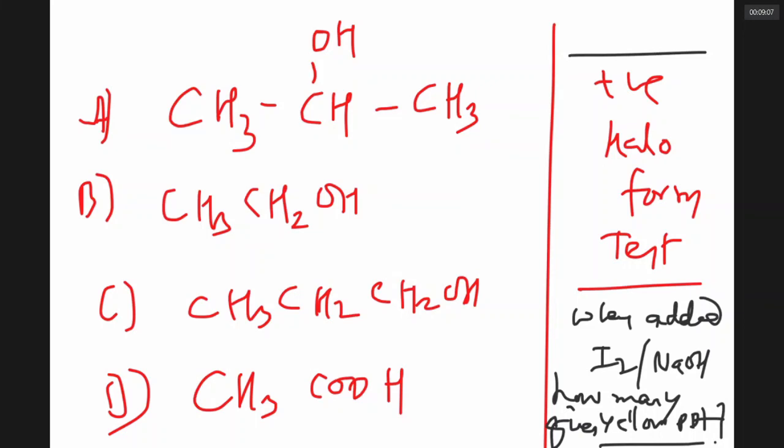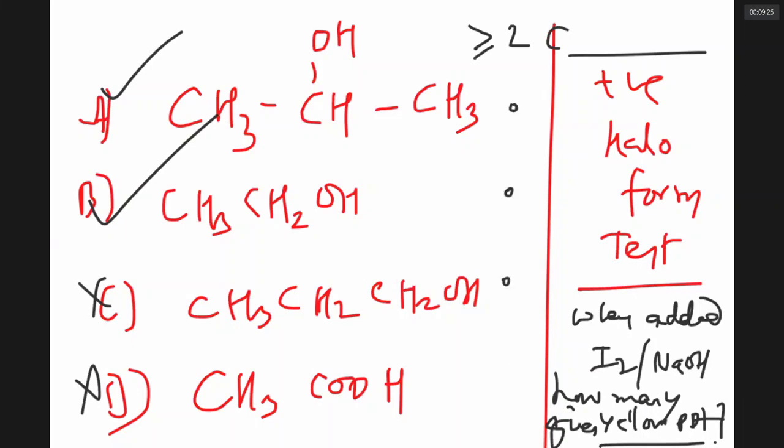Sir, for the first one, A and B. A and B. Perfect. This and this will not give. Now, for haloform test, the compound should have minimum 2 or more carbons. So these are satisfying. Now, the compound should be alcohol or aldehyde or ketone. This one is not satisfying because it is a carboxylic acid. Carboxylic acids would not give haloform test.